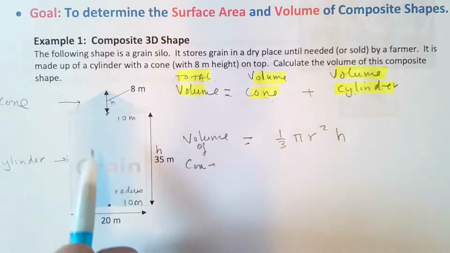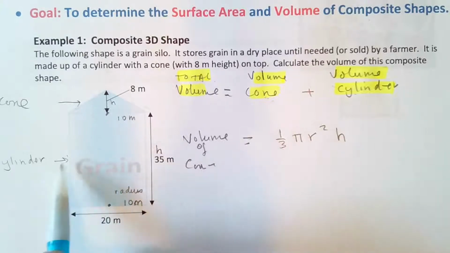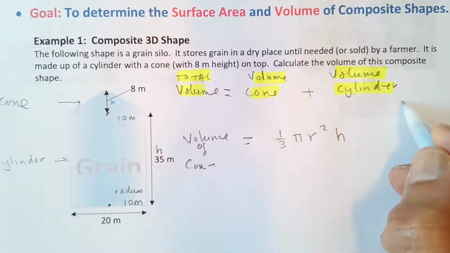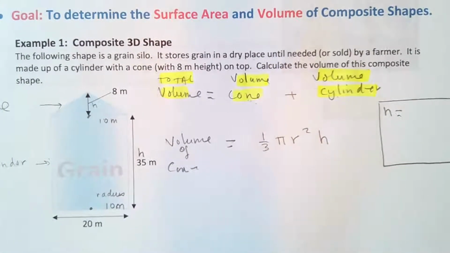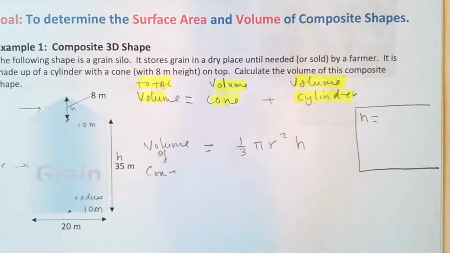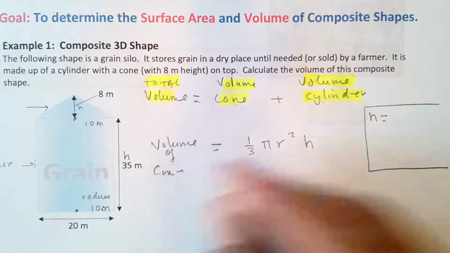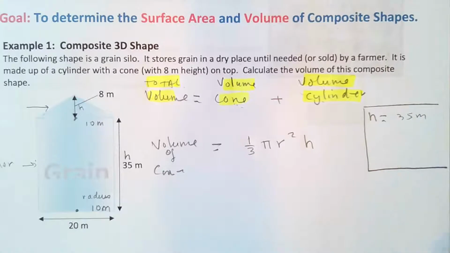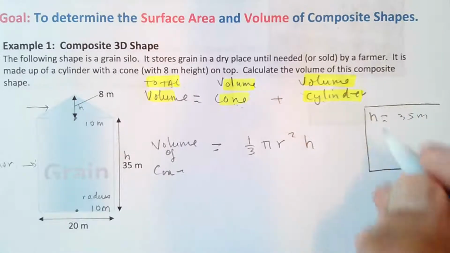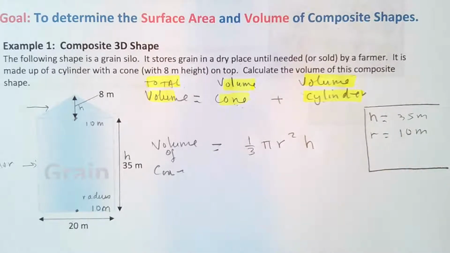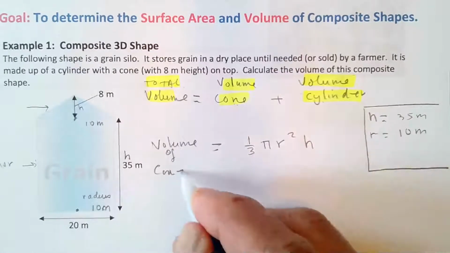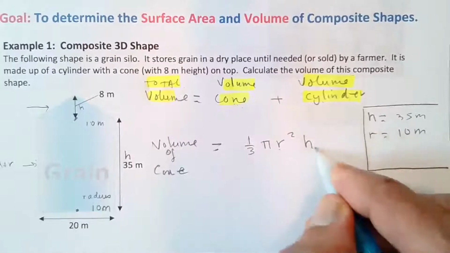From our diagram, we found that the height, so we'll put this in a box here, the height is 35 meters. Our radius is 10 meters.